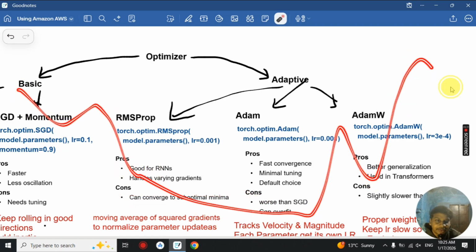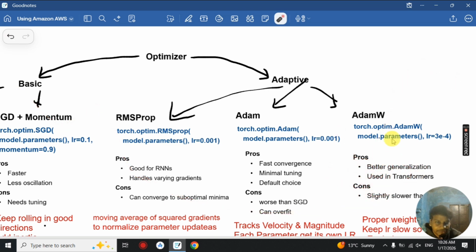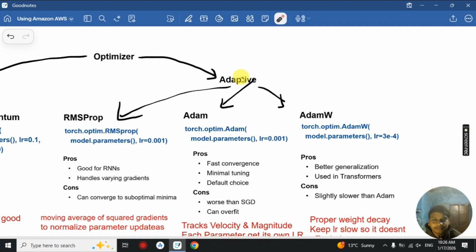So here if you see that the suboptimal minima is here, and if you are using RMS propagation, then the chances of getting stuck in the suboptimal minima are very high, okay.